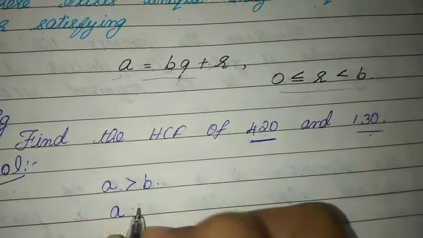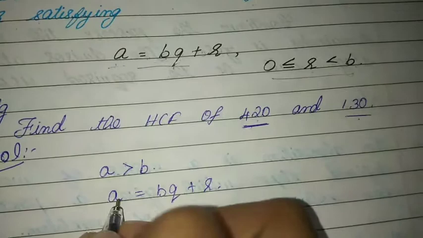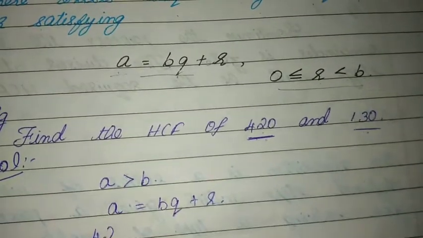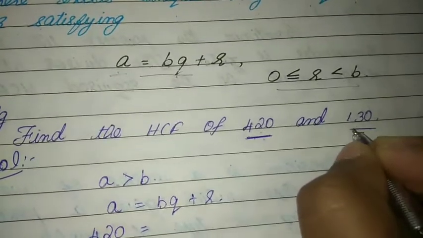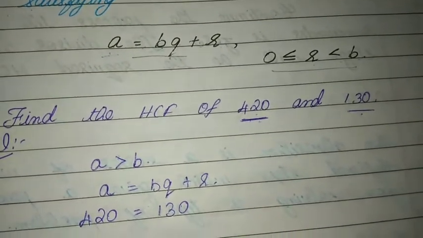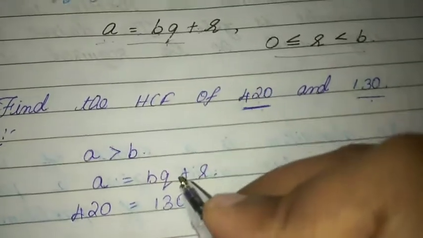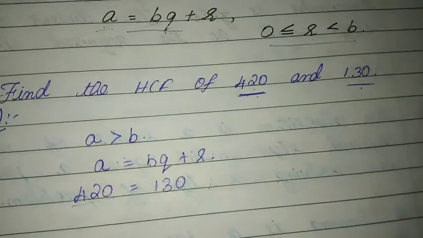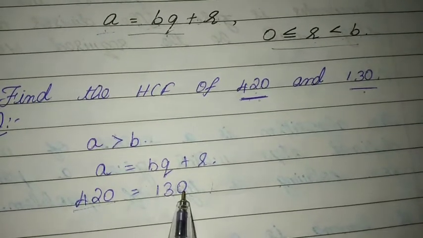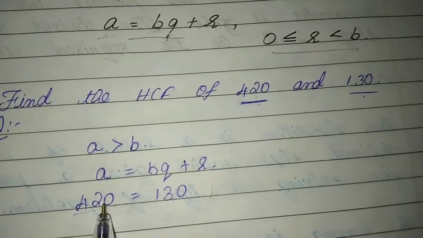So if we substitute over here, what is the greater number here? 420. 420 is equal to 130 times something. So 130, how many times gives you 420? You have to check. Okay, that is the value of q. I have to multiply something that gives me 420.